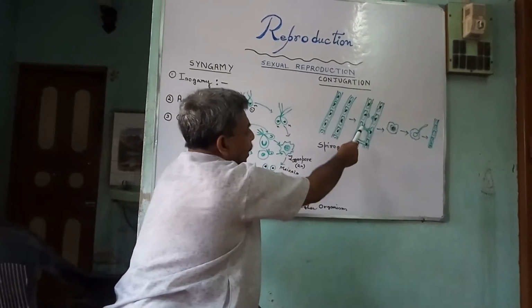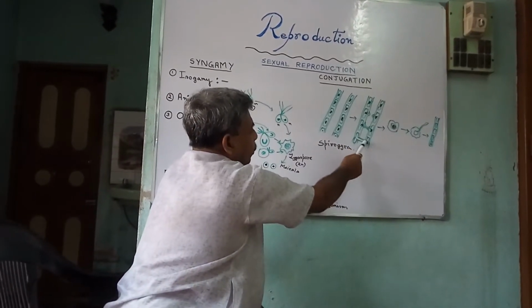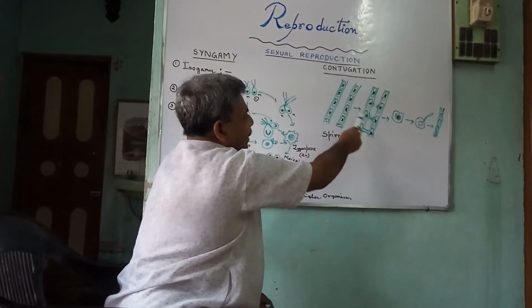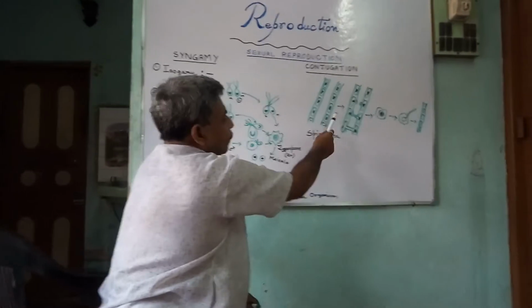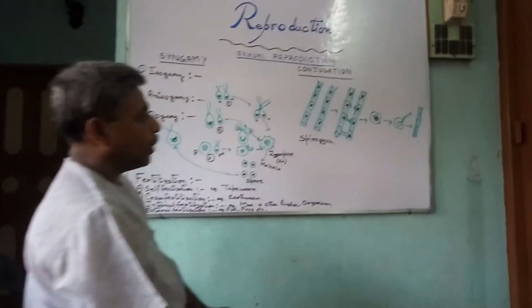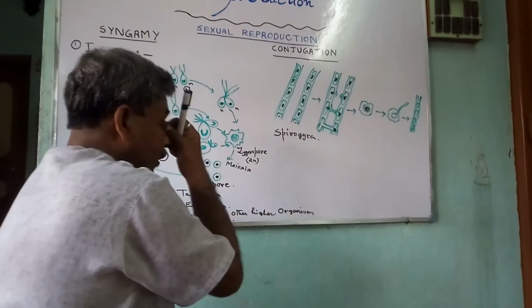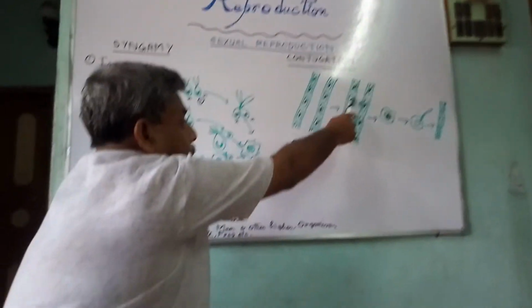And when the conjugation tubes are formed one after another, it attains the shape of a ladder. That's why that type of conjugation is called scalariform conjugation. It takes a ladder-like structure.